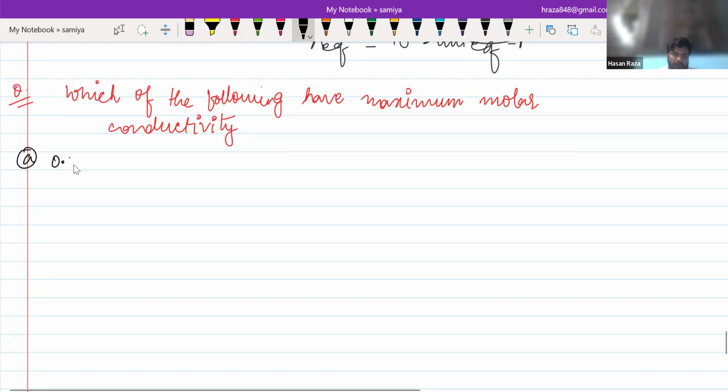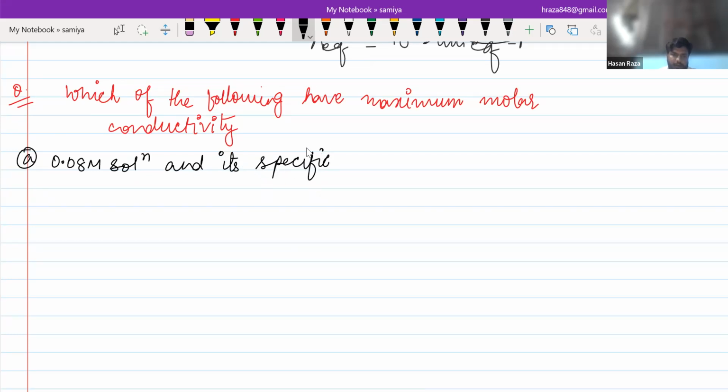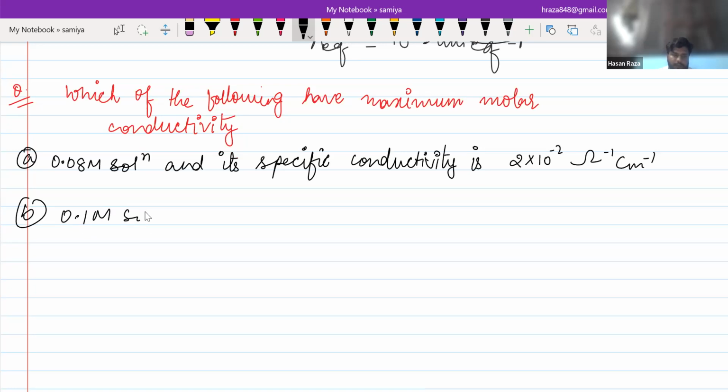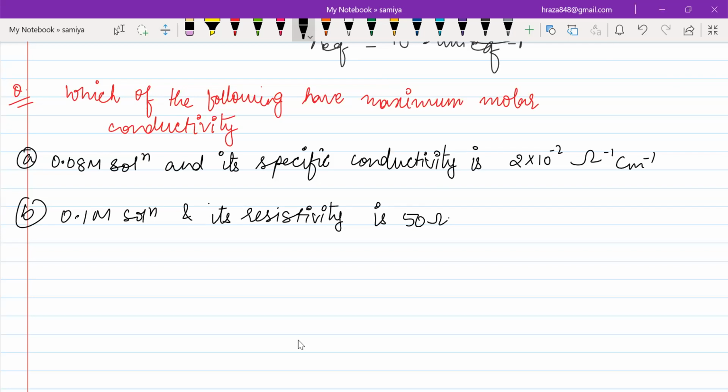A is a 0.08 M solution, and its specific conductivity is 2 into 10 raised to the power minus 2 per ohm per centimeter, and B is a 0.1 M solution, and its resistivity is 50 ohm centimeter. Please do this question.